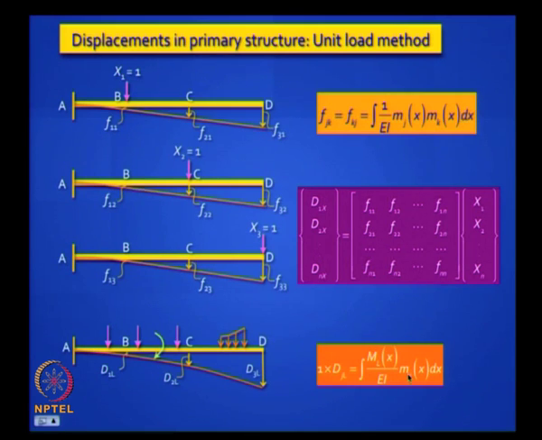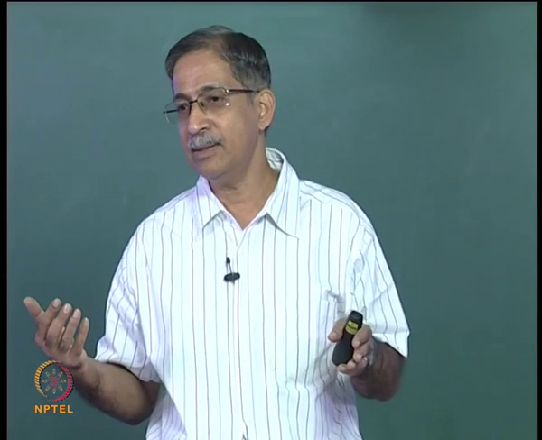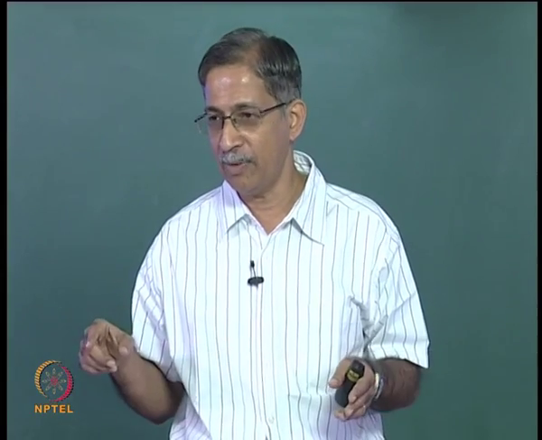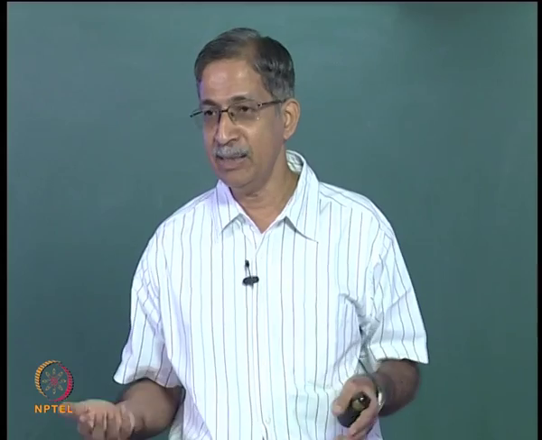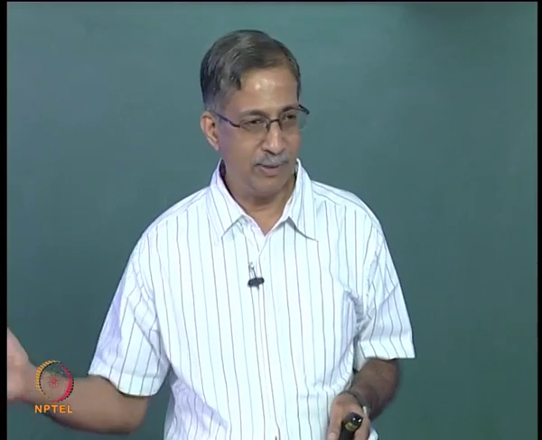You need one moment diagram which I call ml caused by the external load on the primary structure, and I need separate diagrams caused by xj equal to 1, x1 equal to 1, x2, which I call small m1, 2, 3, 4. With the help of these diagrams, and if you want to do it manually with area multiplication method, I can get all the answers.